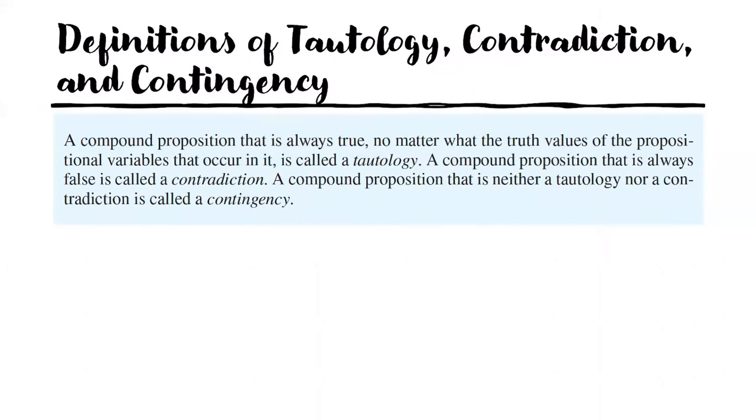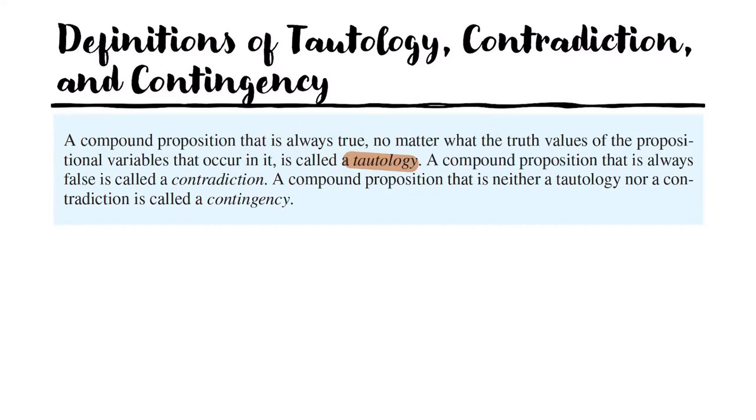Okay, before we go on to propositional equivalence, there are two terms you need to know. First, if a compound proposition is always true, no matter what truth values you choose for your propositional variables, then this kind of compound proposition is called a tautology.